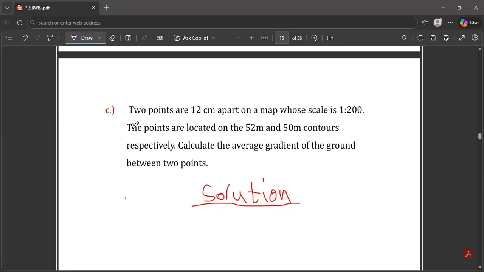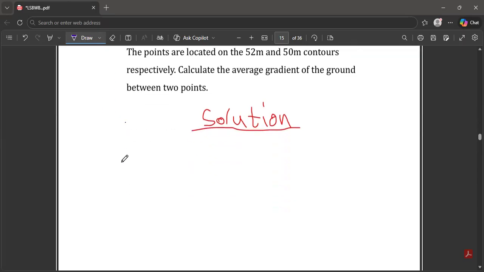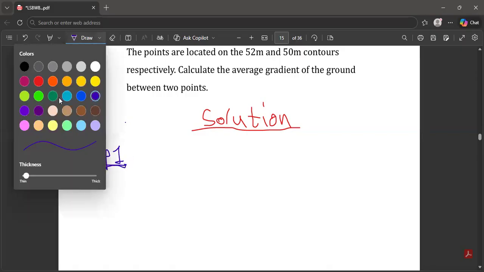So first of all, we have to convert the map distance to ground distance. Let's put over here, step one.